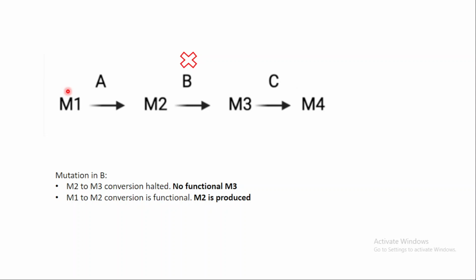There would be no effect, but in such a question, it's tricky when context is not given. Let's say in the question there was an additional statement, M4 is producing some function or doing something. It's a metabolite, I agree, but M4 is causing some phenotype or color or whatever. Then we can easily say that there will be no effect, since B is mutated, one of the enzymes is mutated, then we do not have any function.